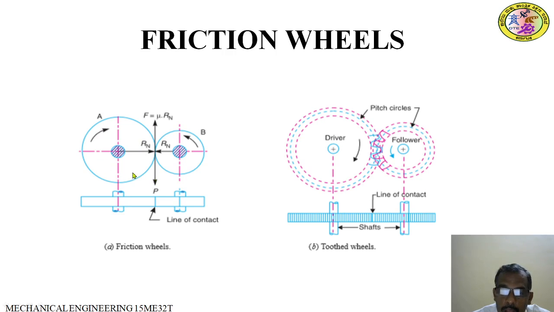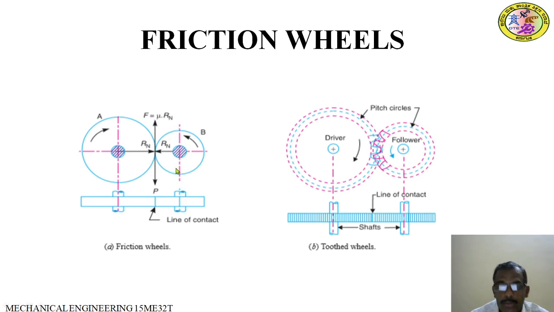So A is rotating, and it will carry the wheel B as long as the tangential force is less than the frictional force. Once the tangential force is greater than the frictional force, a slip will occur.